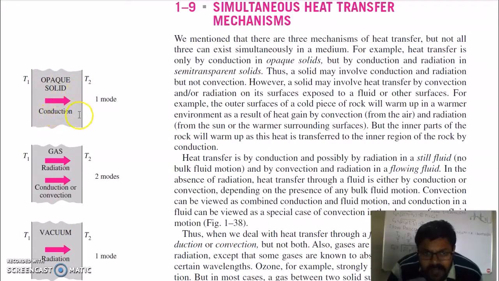Or you can say at the surface of a solid, convection and radiation both are possible when it is subjected to the environment which is a fluid, say air here. So in case of a gas, heat transfer is by two methods, that is radiation and conduction or convection. In case of vacuum, there is only one mode of heat transfer, that is radiation.